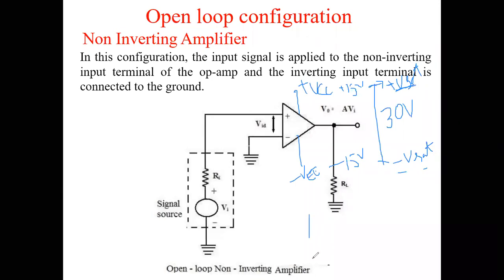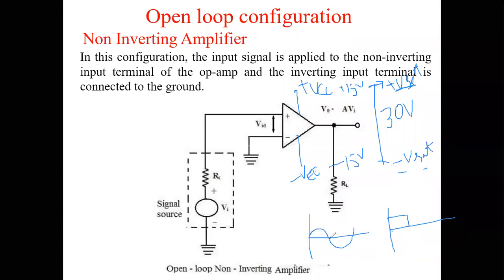So for example, if this is the input, since it is plus, when it is a small voltage which increases in the positive direction, the output will go to plus V sat.